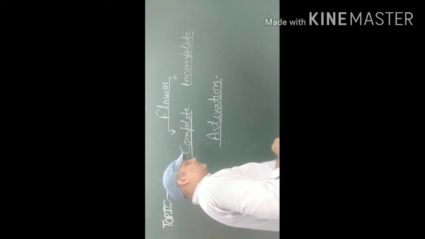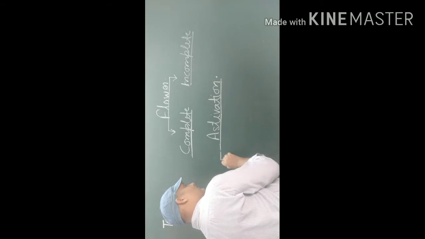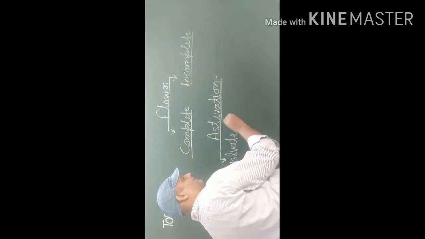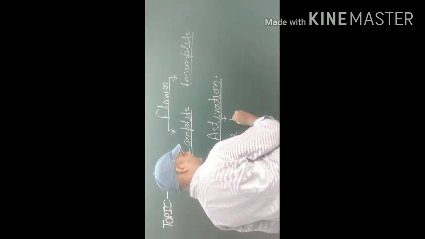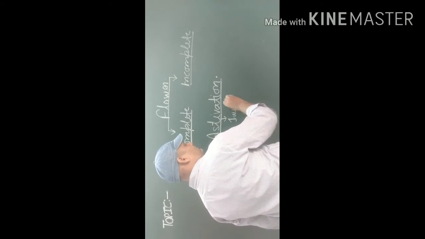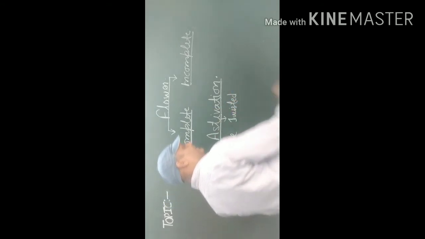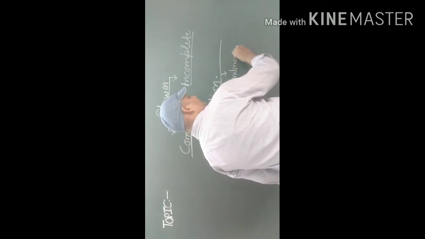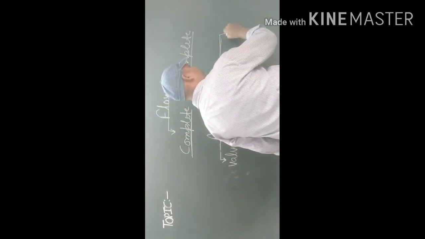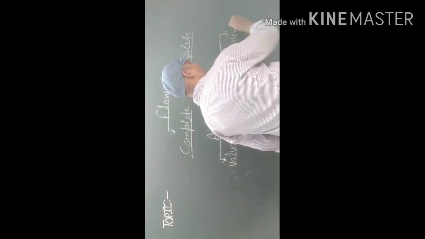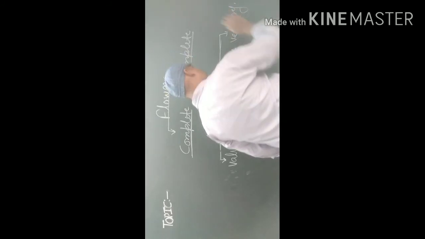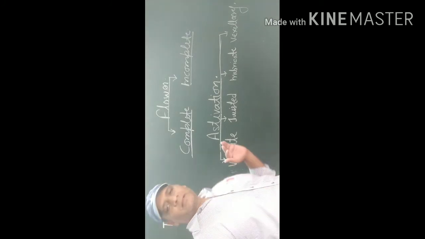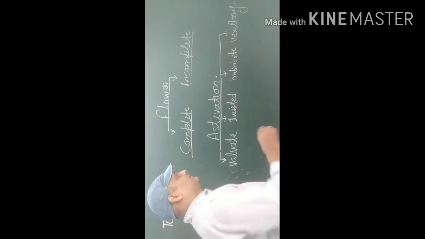It is of various types: valvate, twisted, imbricate, and vexillary. These are the various types of arrangements of the sepals and petals on the thalamus.